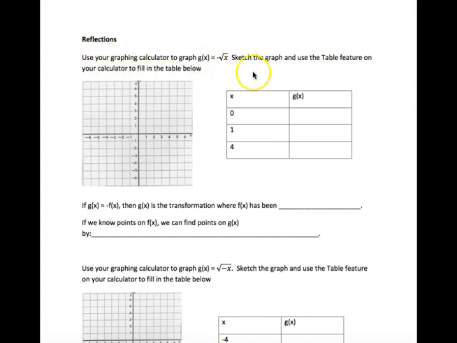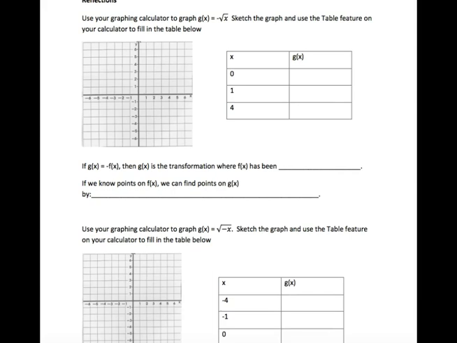So with reflections, it tells you can use your graphing calculator. Because you've had these functions in Algebra 2, you really might be able to do it without a graphing calculator. But if you can't, certainly feel free to go ahead and use it. So in this case, we have the negative times the square root of x.